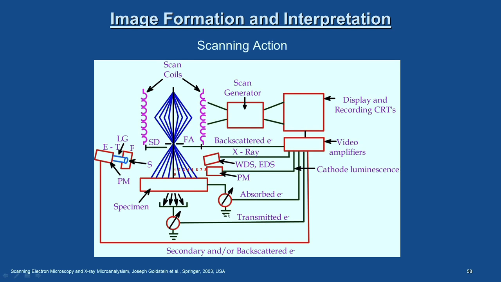So, what we are now interested in is what exactly this coil does as the scanning action. As we have discussed earlier, you see that the upper portion of the coil does the job of deflecting the beam away from the optical axis, and the other set of coils again bring it back to the optic axis in such a way that a rectangular raster scan is established on this sample.